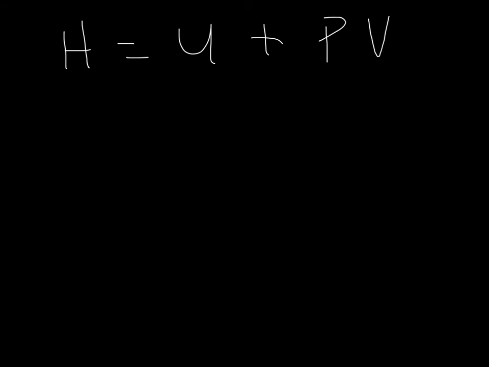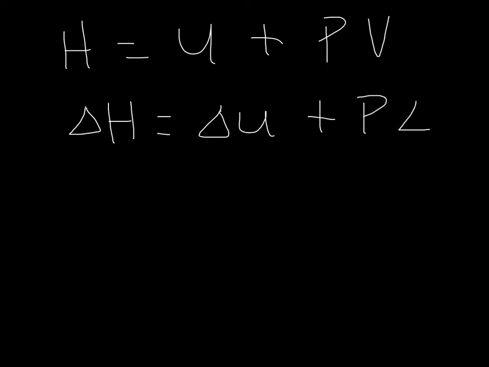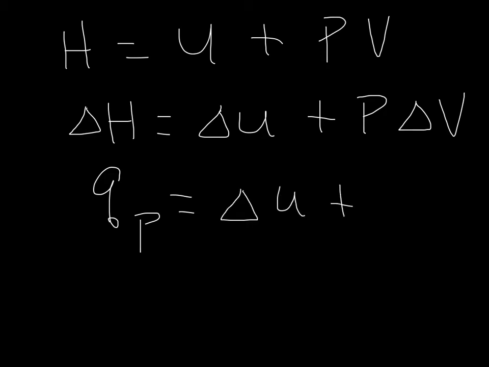So therefore, my friends, if this is the case, which it is, delta H must equal delta U plus P delta V. Now remember, P does not have the delta in front of it because this is under constant pressure conditions. Well, didn't we write down this fact earlier that Q sub P was equal to delta U plus P delta V?